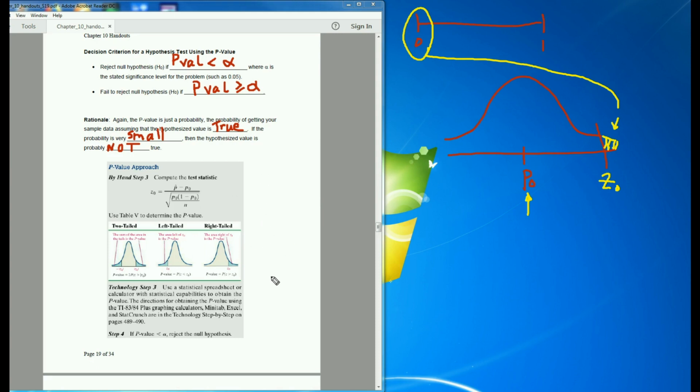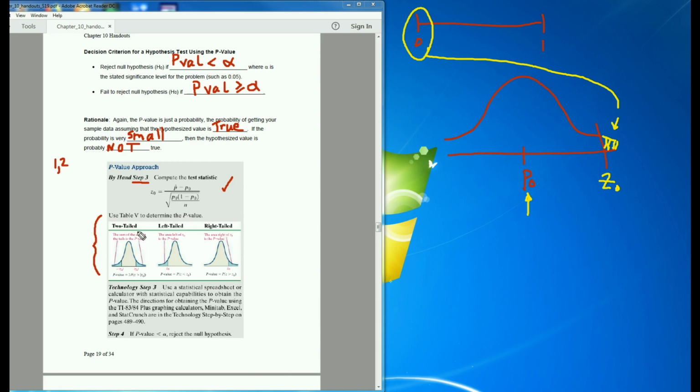So here's a summary of the p-value methodology, basically just the parts that are different from the classical approach. Steps 1 and 2 are exactly the same as the classical approach that we already went over. Step 3, the first part, actually calculating the test statistic, that is also exactly the same as the classical method. This portion is different. Okay, you need to use the standard normal table to determine your p-value.